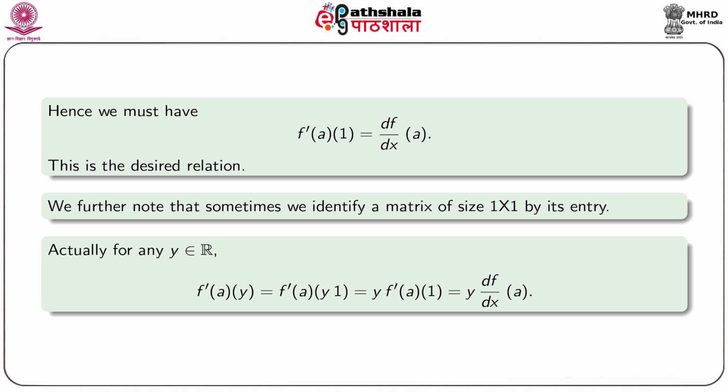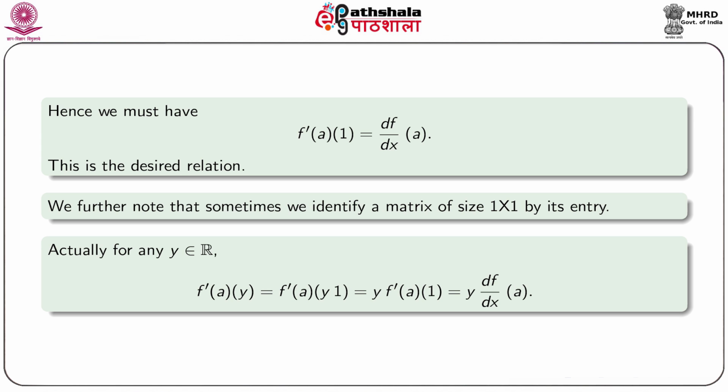That is, usually whenever we say f'(a) is a real number, then it is nothing but the linear transformation f'(a) operated on the vector 1 of R. We further note that here we used one more thing, that sometimes we identify a 1 by 1 matrix by its entry.